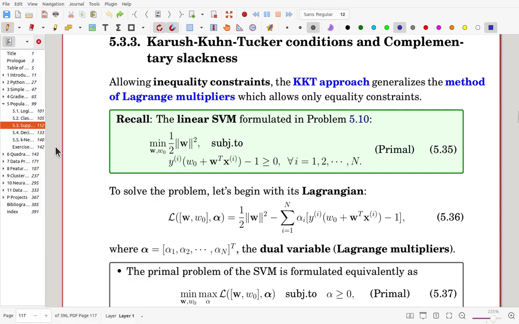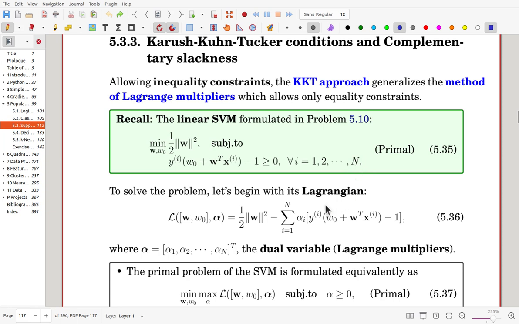First, recall the linear support vector machine formulated in this objective function: minimization over W and W0 of half W norm squared, subject to this inequality constraint defined on each i from 1 to n. n is the number of data points.